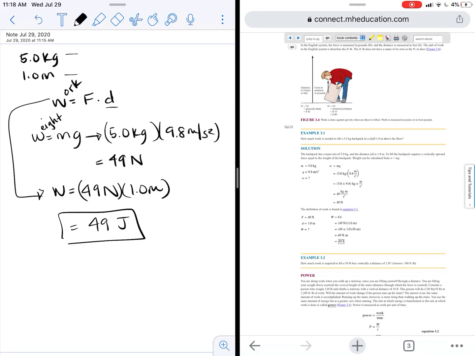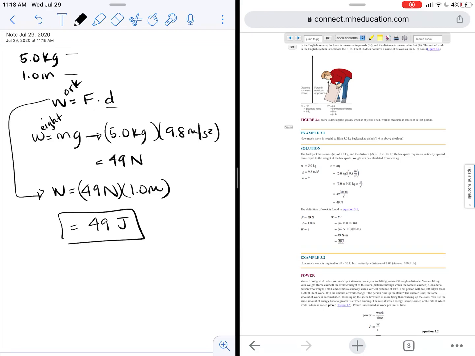I don't really like example 3.2 because it's doing English system units, and the whole time in chapter 1 it's telling you how we use metrics. All you have to do on it is it's basically already got your work on example 2.2.